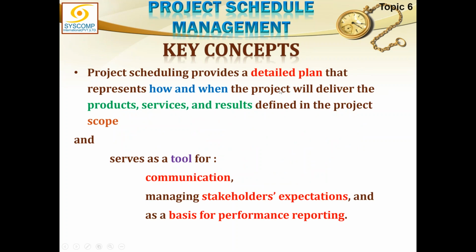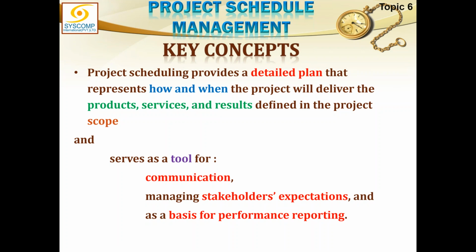Project scheduling provides a detailed plan that represents how and when the project will deliver the product, service, and result defined in the project scope. How and when. Previously, what is to be produced was fulfilling the product scope.